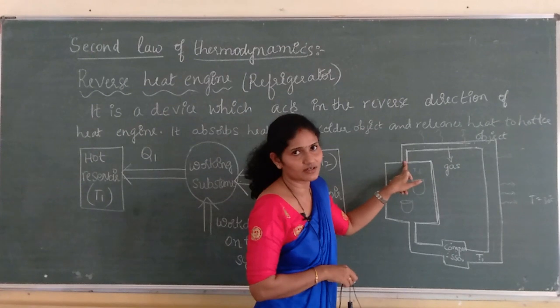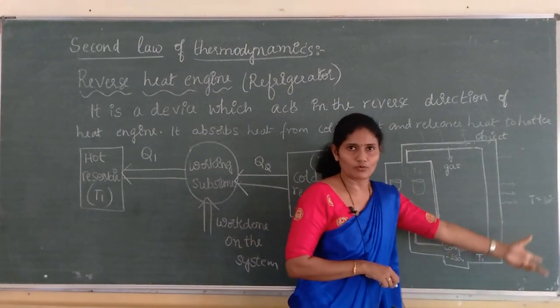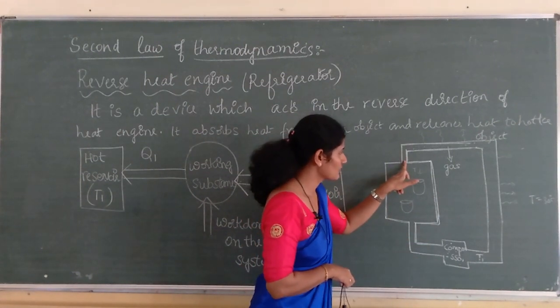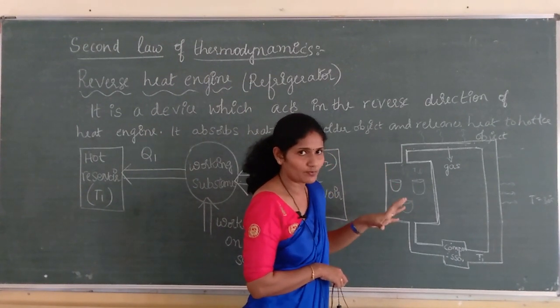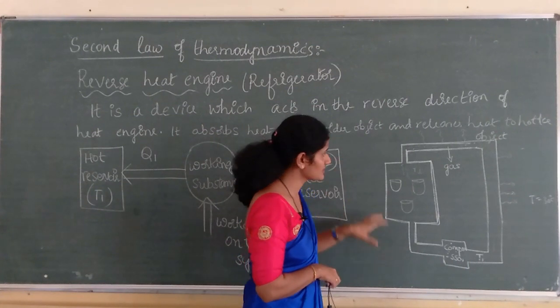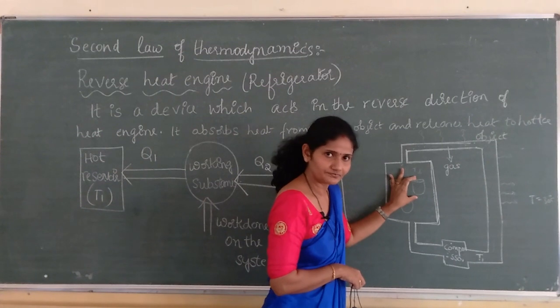When it comes here, its temperature may be somewhat equal to the atmospheric temperature. Again the process continues. The gas, when it enters here, expands. When it expands, its pressure decreases, temperature also decreases, and then the gas absorbs heat energy from the food.